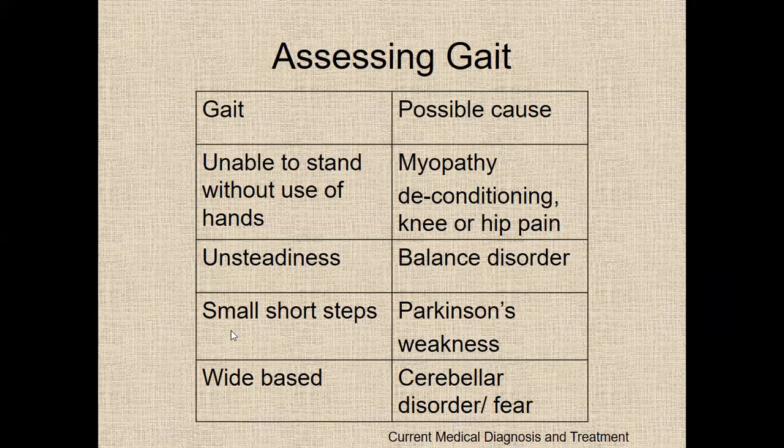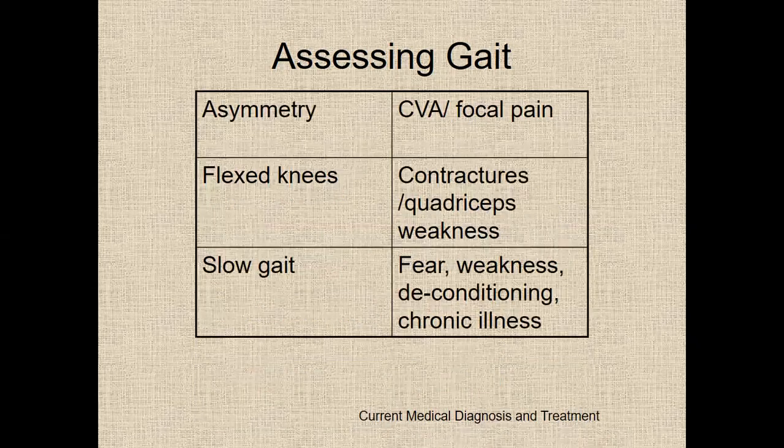If you see the gait as small short steps, it is because of Parkinsonism. If the patient has a wide base gait, this is because of a cerebellar disorder or fear of fall. These are all clinical findings in the gait.